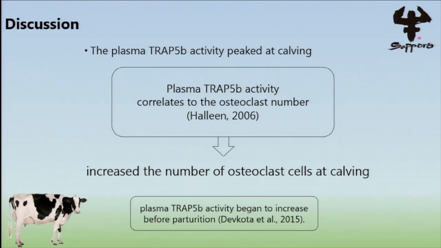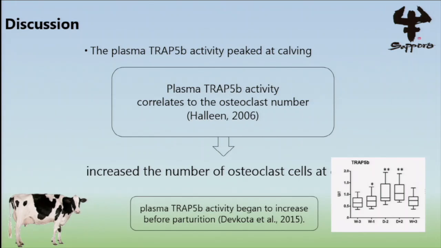Based on our study, plasma TRAP5B activity peaked at calving. Plasma TRAP5B activity is known to correlate to the osteoclast number. Therefore, they seem to increase their number of osteoclast cells at calving. This actually corresponds to a previous study. The plasma TRAP5B activity began to increase before parturition.